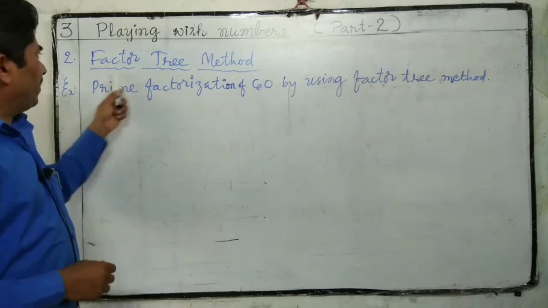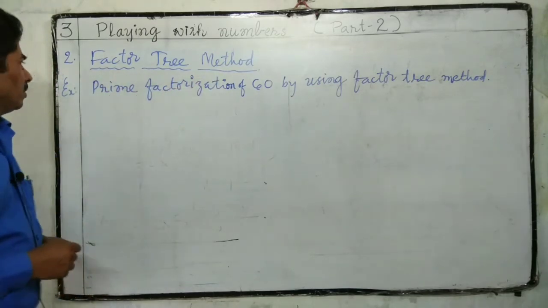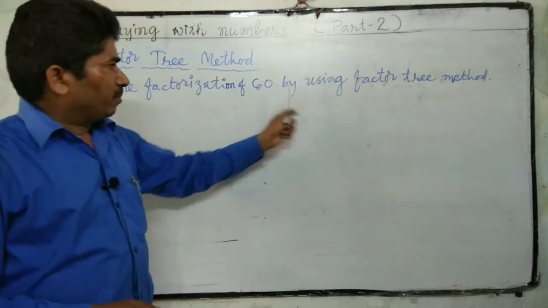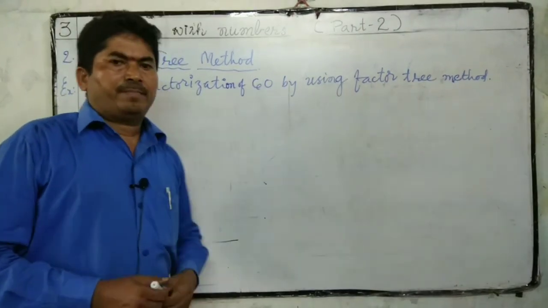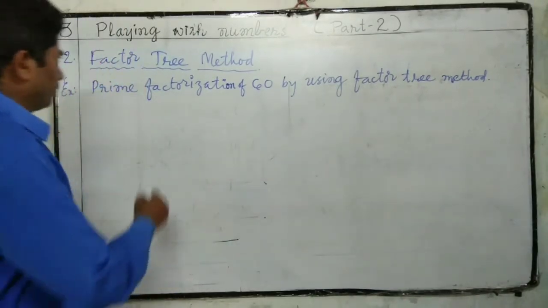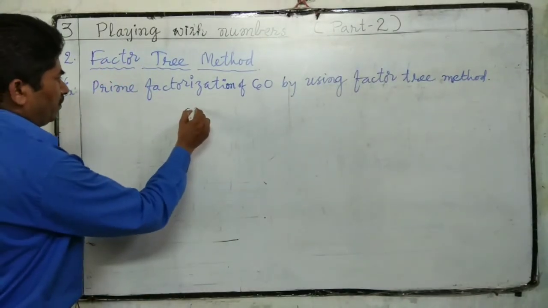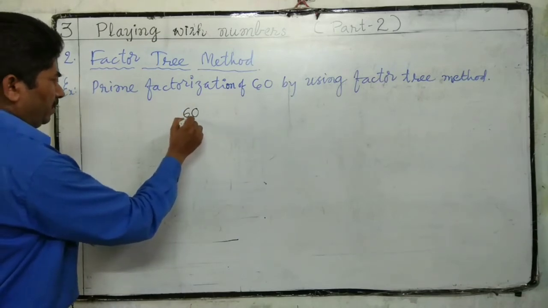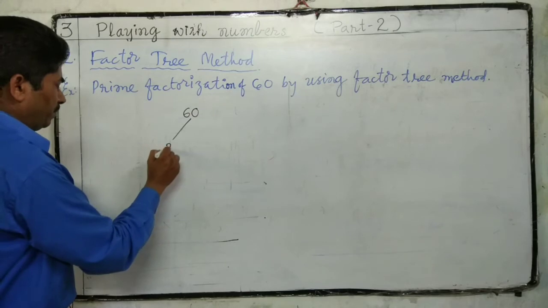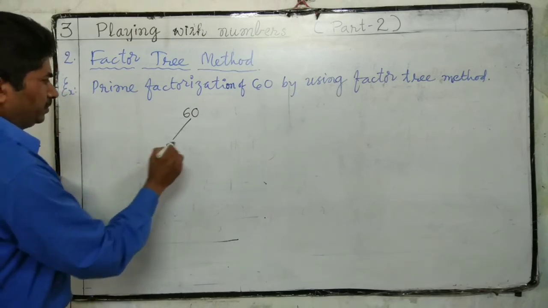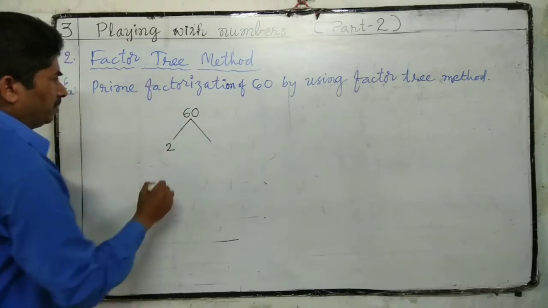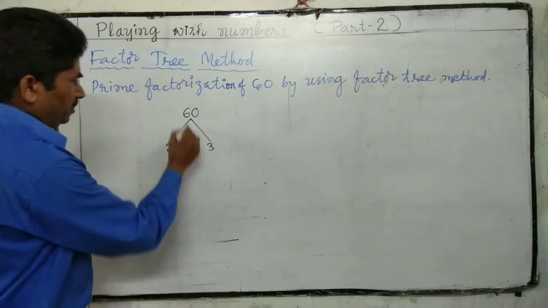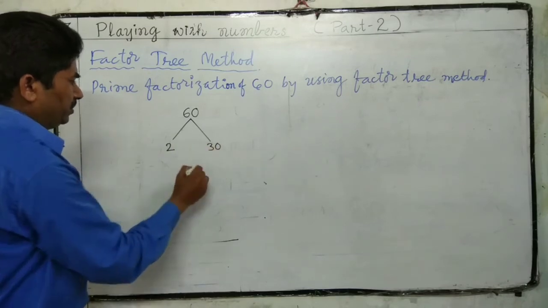Let us see the factor tree method. Example, prime factorization of 60 by using the factor tree method. In this method, we have to write the given number and take the smallest prime number like this. 2 threes are 6, 2 zeros are 0.